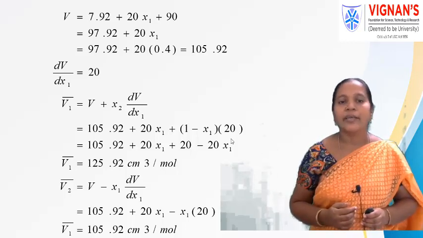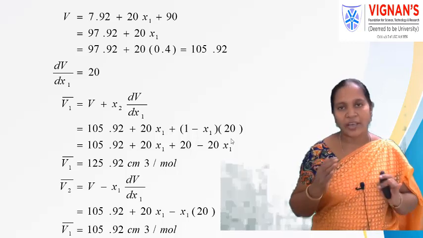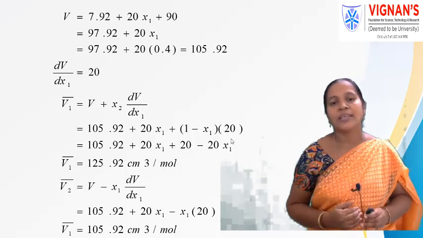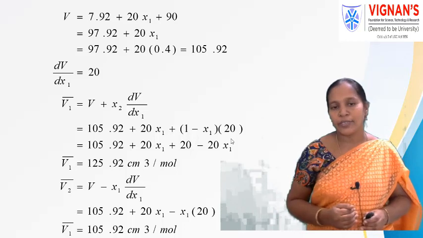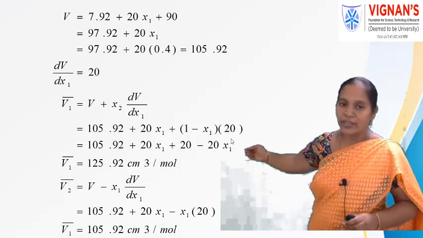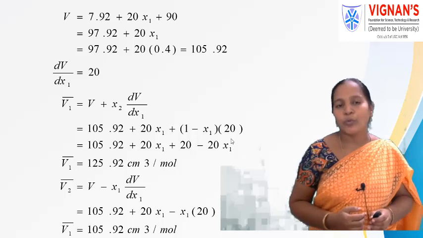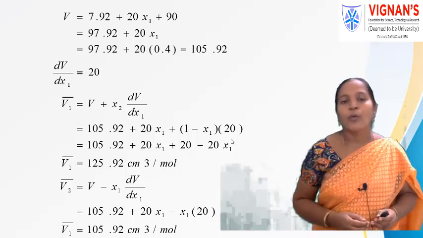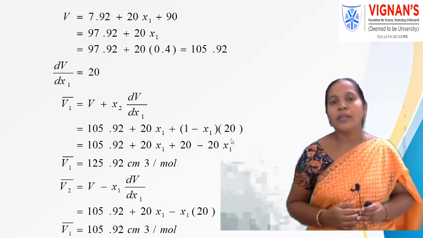Similarly, calculate V2 bar, the partial molar property of species 2. V2 bar = V - x1 dV/dx1 = 105.92 + 20 x1 - x1 times 20. Therefore, V2 bar is equal to 105.92 cm³/mol.